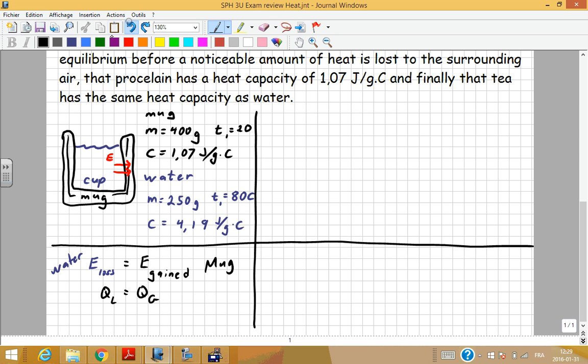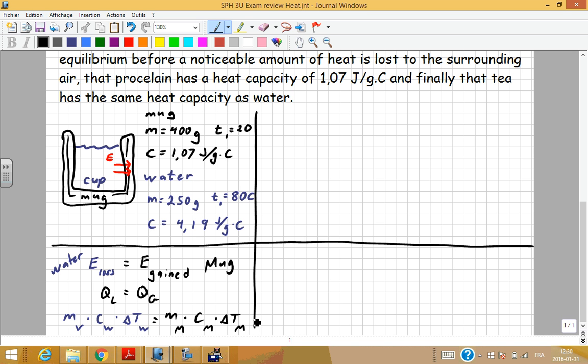and we'll use colors for this one. It's the mass of water multiplied by the heat capacity of water times the delta T of water, equals the mass of the mug multiplied by the heat capacity of the mug multiplied by the change in temperature in the mug.